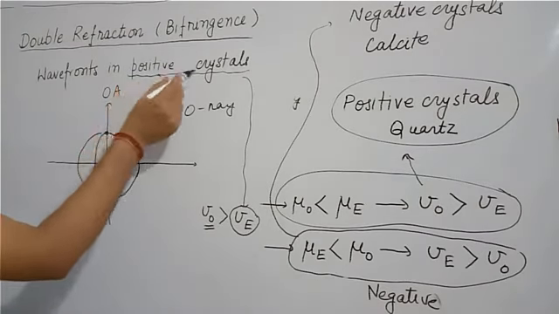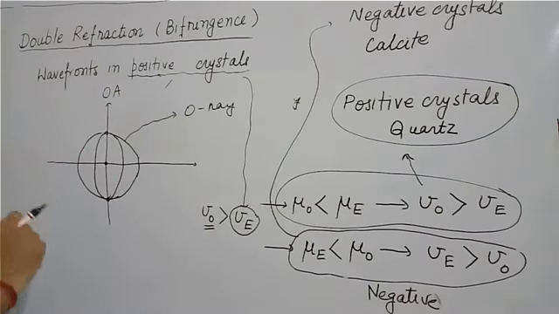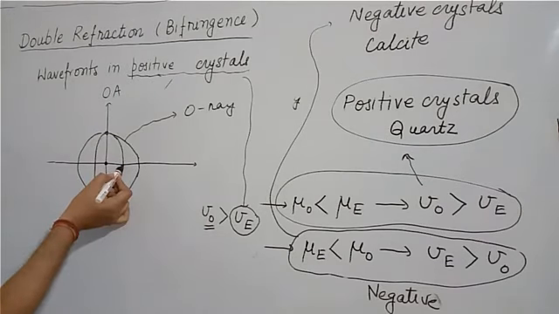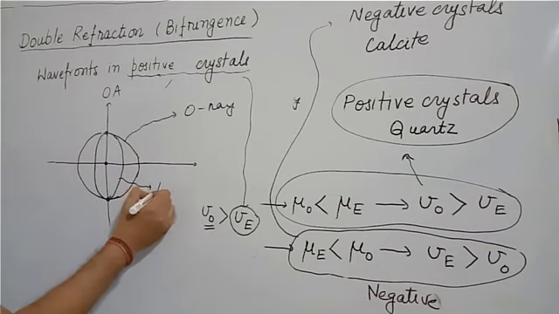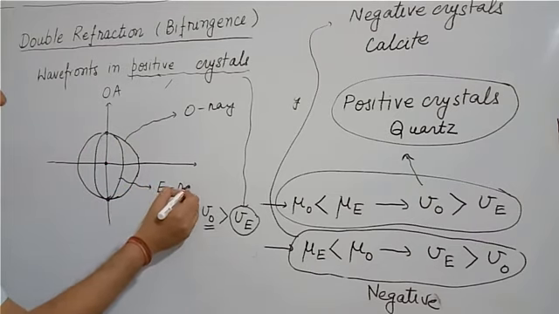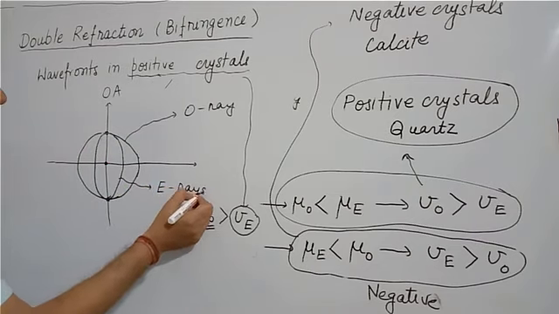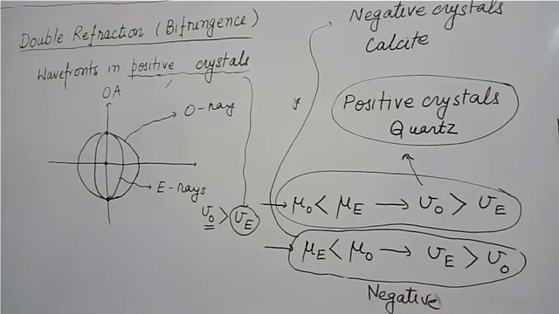So in positive type of crystal, you can observe that this ellipsoidal wavefront for E ray always lies inside the spherical wavefront for O ray.